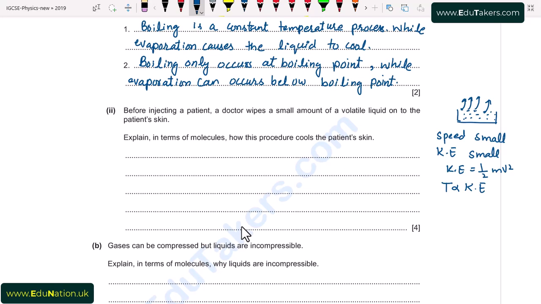So I write here, during evaporation, high energy molecules escape from surface.